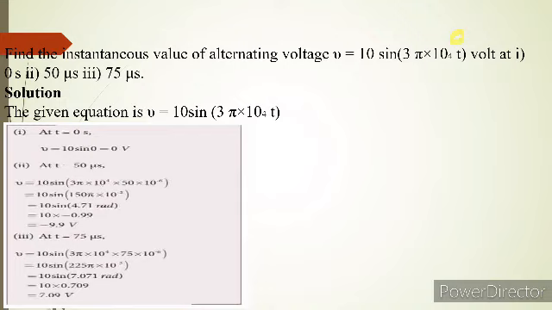At 50 microseconds, substitute 50 into 10 power minus 6, because it is given in microseconds, and you will get 9.9 volts. Next, for 75 microseconds, substitute 75 into 10 power minus 6, solve it, and you will get 7.09 volts. Very simple problem, but it is important, they may ask.